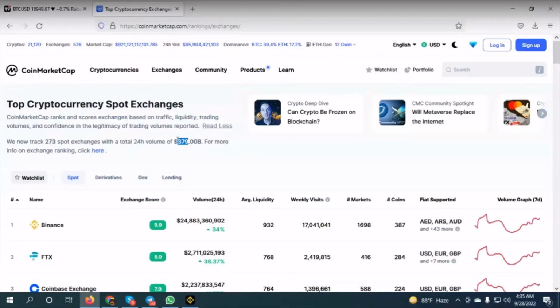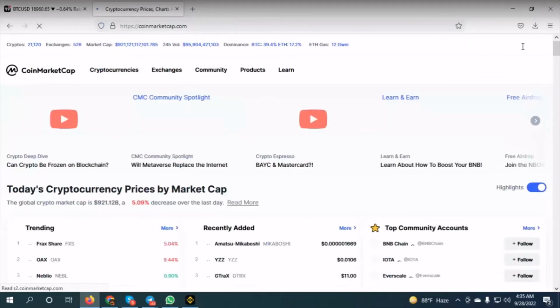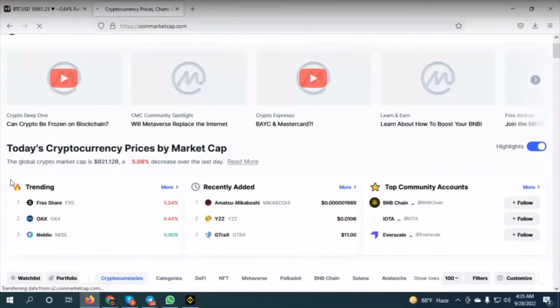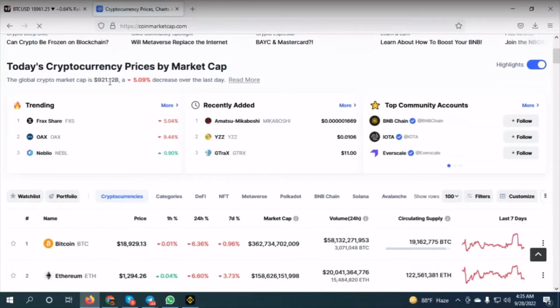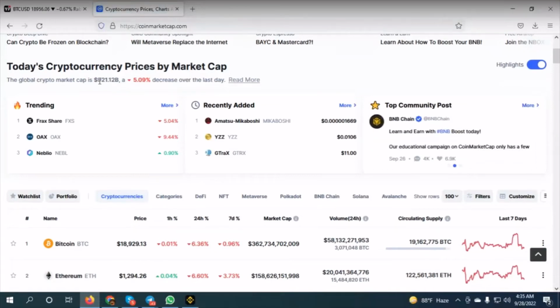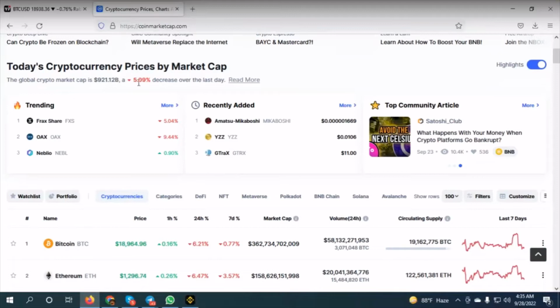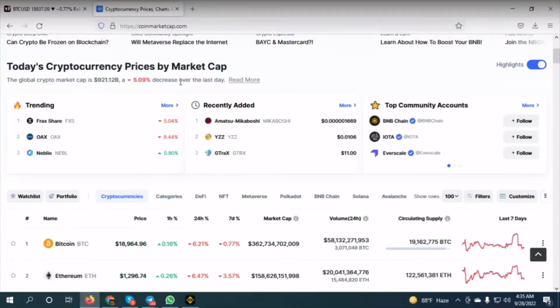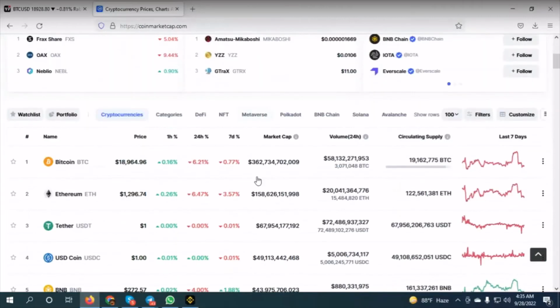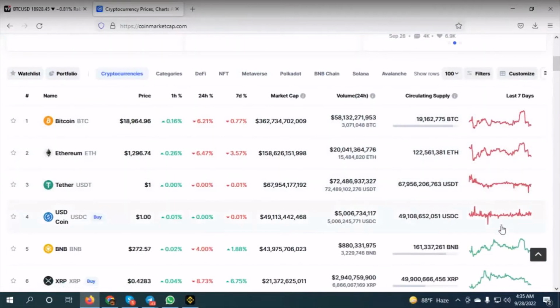Sorry, that was the exchange market cap. This is the total market cap: today it is 921.1 billion, a 5.09% decrease in the last day. So we can see a lot of bearish movement at this time.